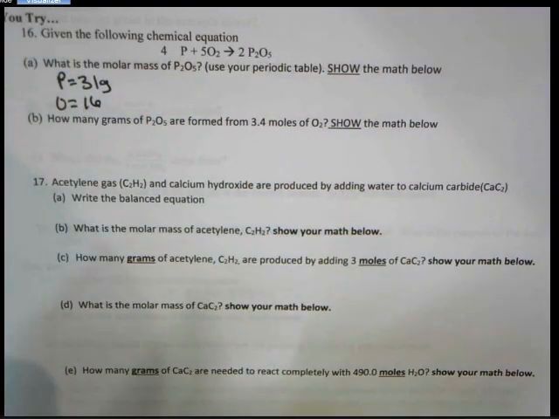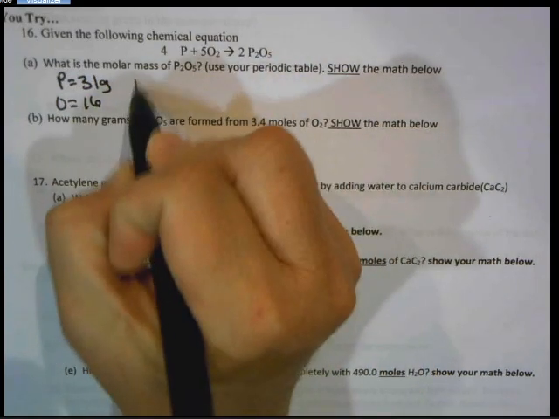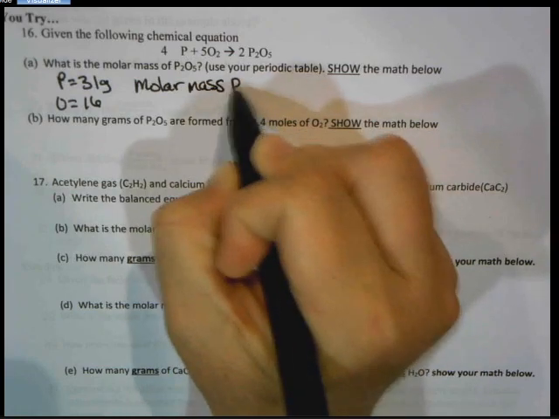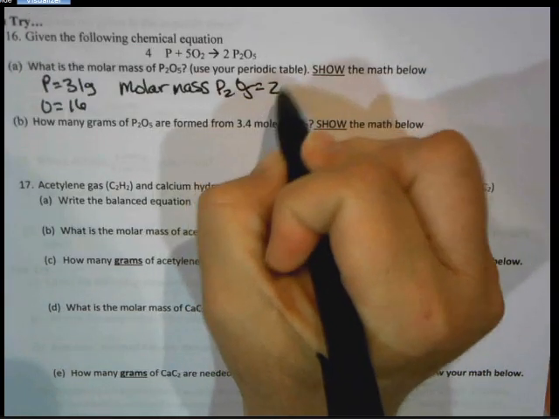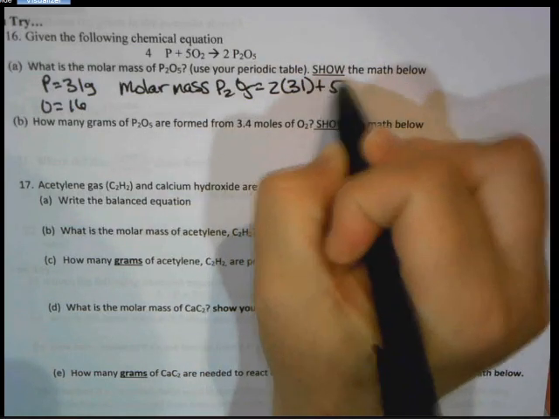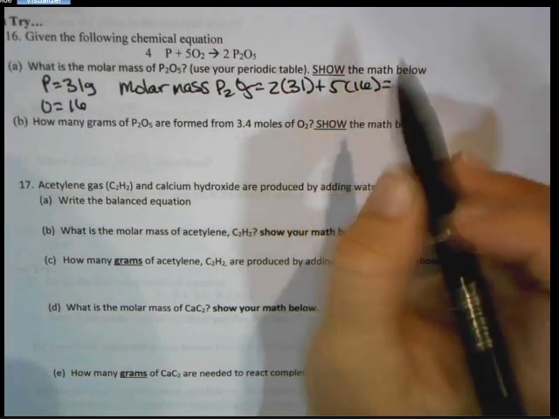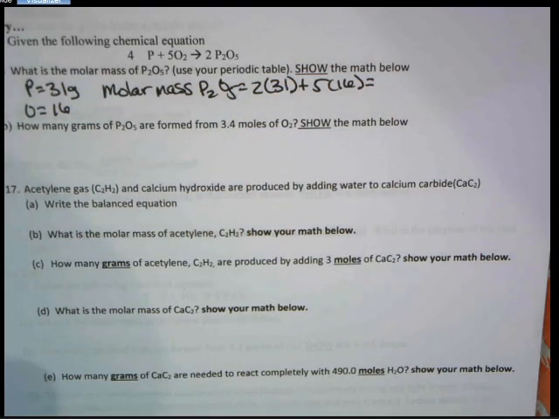So I have 2 phosphorus and 5 oxygen, so the molar mass of P2O5 is going to equal 2 times 31 plus 5 times 16. Let's go ahead and calculate that out.